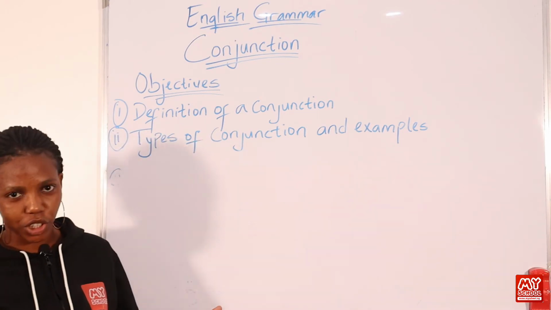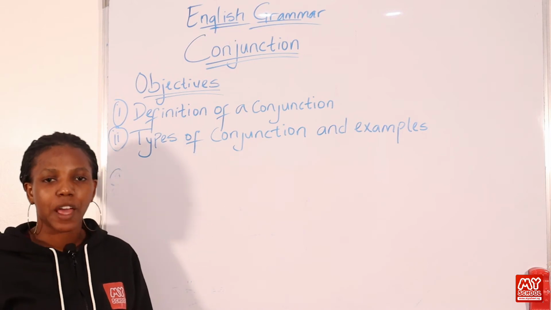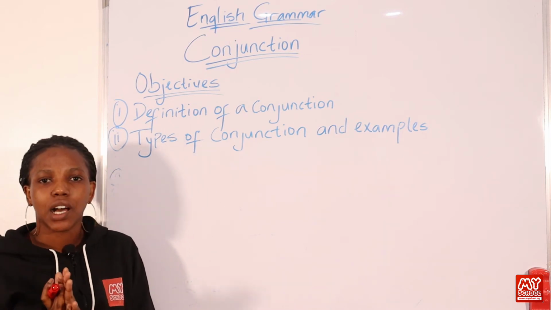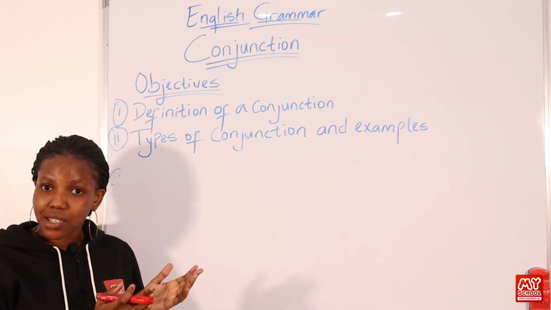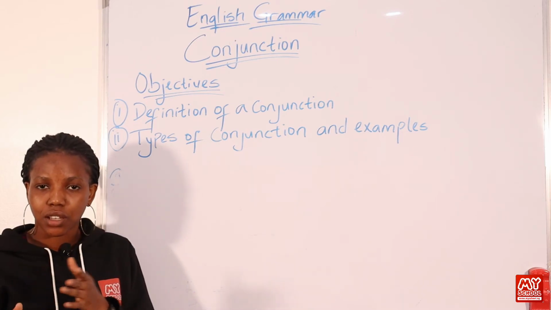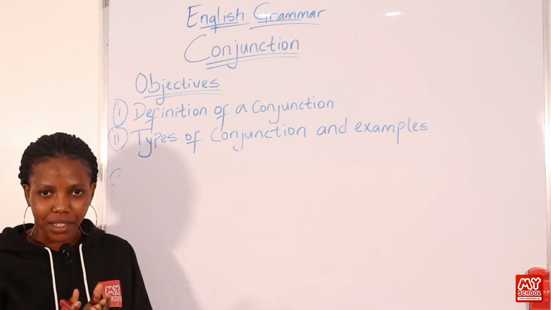Definition of a conjunction. Now, what is a conjunction? A conjunction is a word that joins a phrase, a clause, or a group of words together.